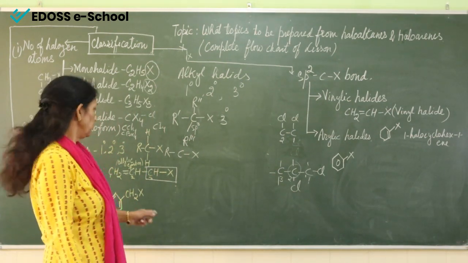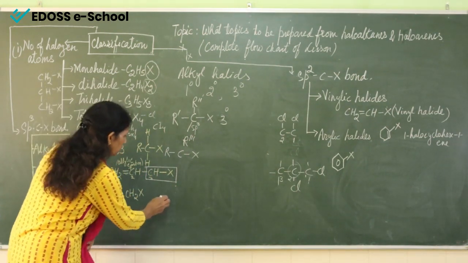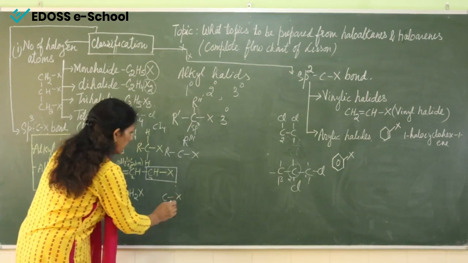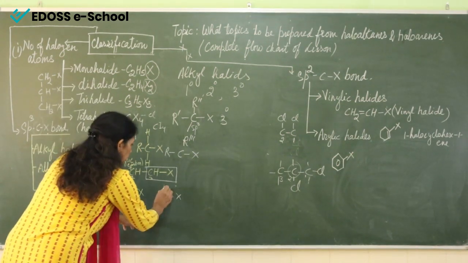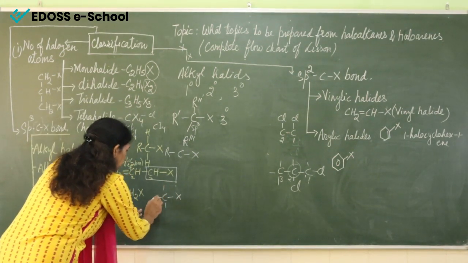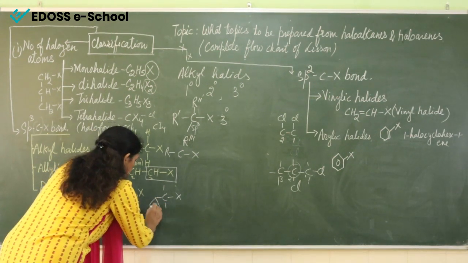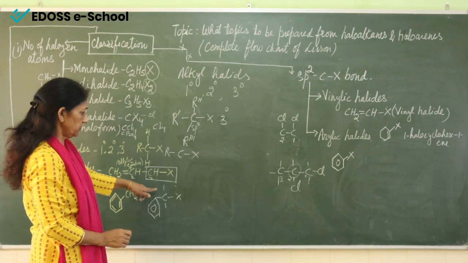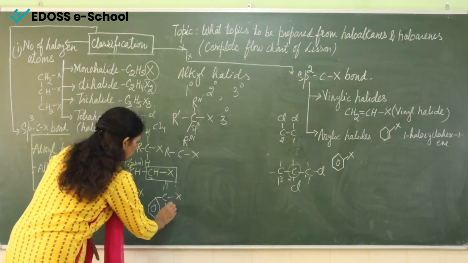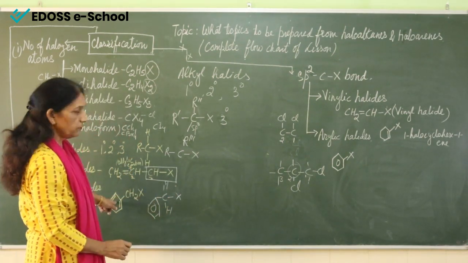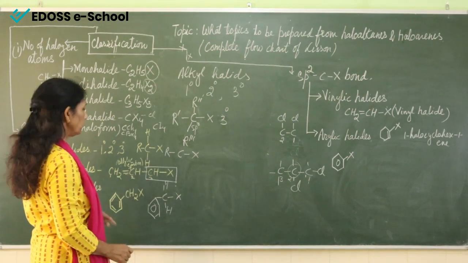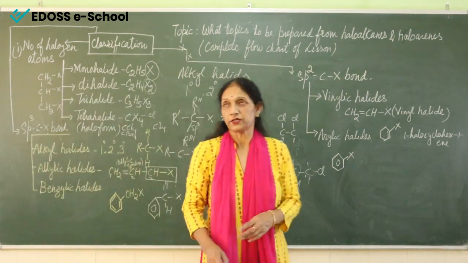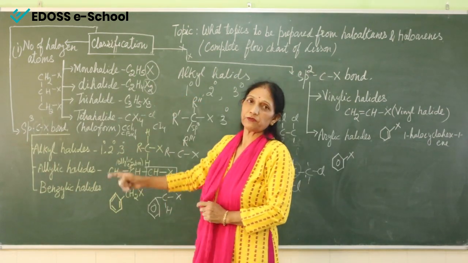This is very simple. You can see here, this is the C-X bond, and this C-X bond is directly attached with an aromatic ring, or benzene ring, we can say. This is hydrogen, this is hydrogen. Such type of halides are known as benzylic halides. So this is the second type of classification.